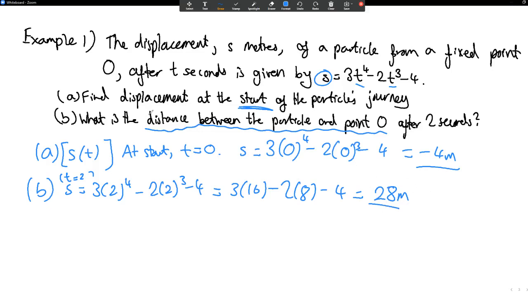But remember, it asks for the distance. So if this was a negative value, we'd have to convert it into a positive value. So for example, if it asks for the distance for this question, for this answer, we'd have to give 4 meters. That's the distance, because the distance can't be negative.